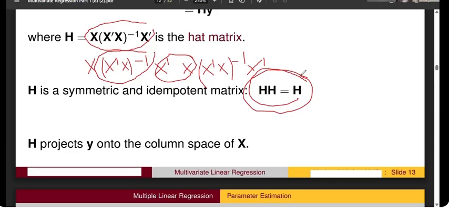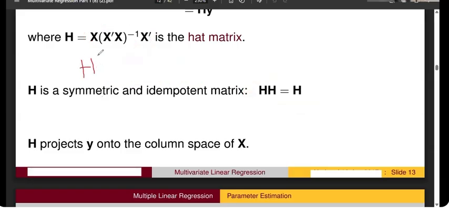It is also symmetric. You know why symmetric? Symmetric means if I find the transpose of a hat matrix, it will also give me the hat matrix. If I find the transpose of this guy here, it's still going to give itself.